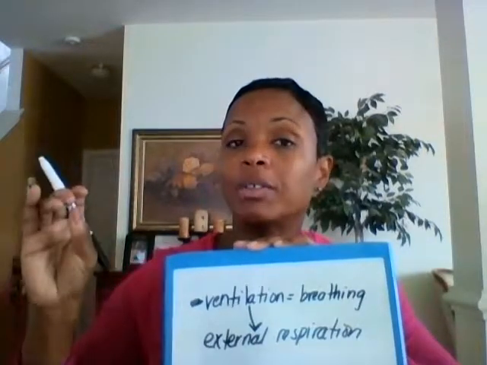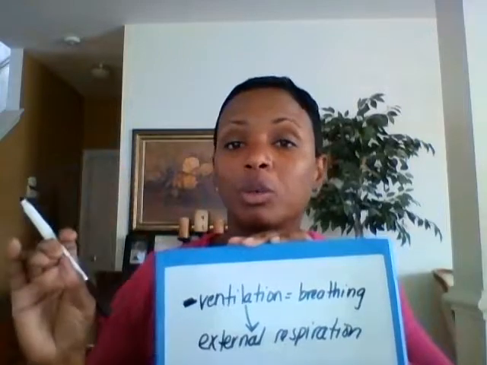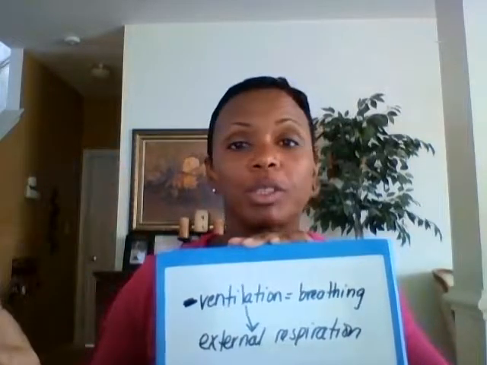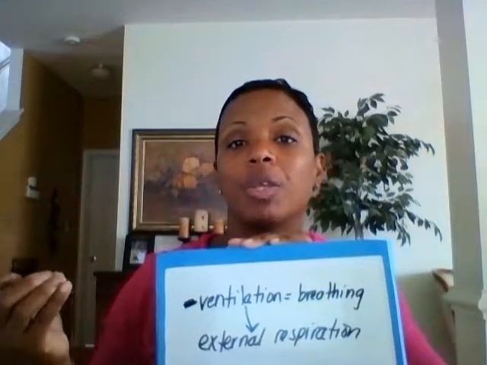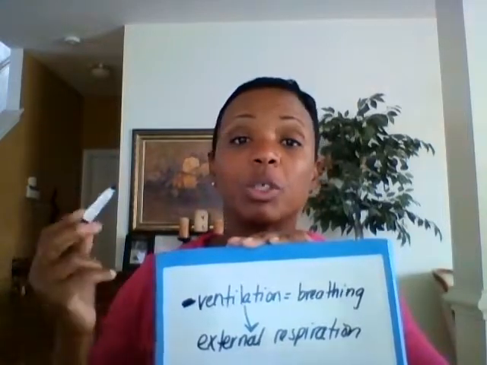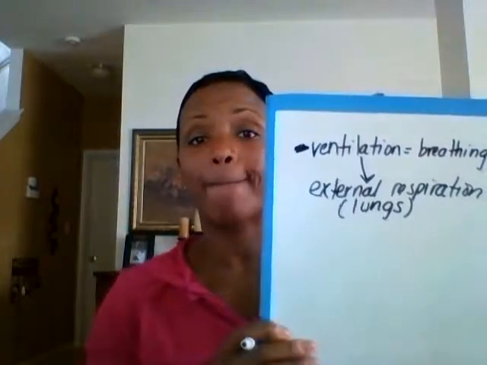The organism breathes, and then the proper organ system goes to work. The organ system would be our respiratory system. From that point, we need to get it specifically to where it needs to go. So external respiration is when those gases move into our lungs. The lungs being the organ.